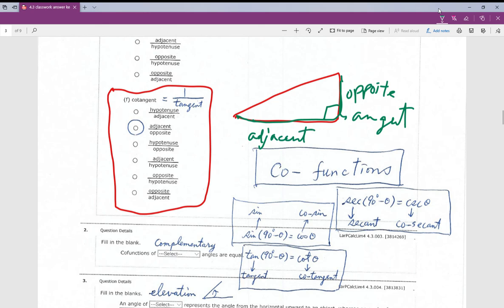Therefore, if you make a reciprocal, you are going to have cofunction because opposite becomes adjacent. Right?